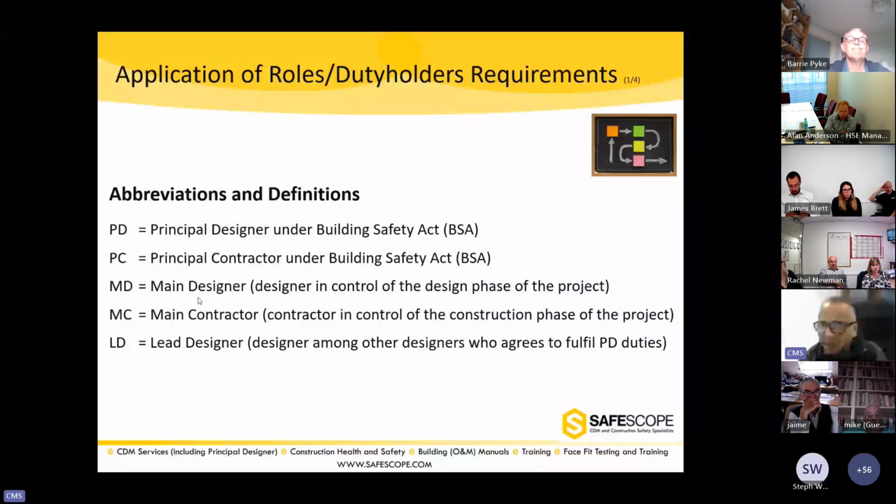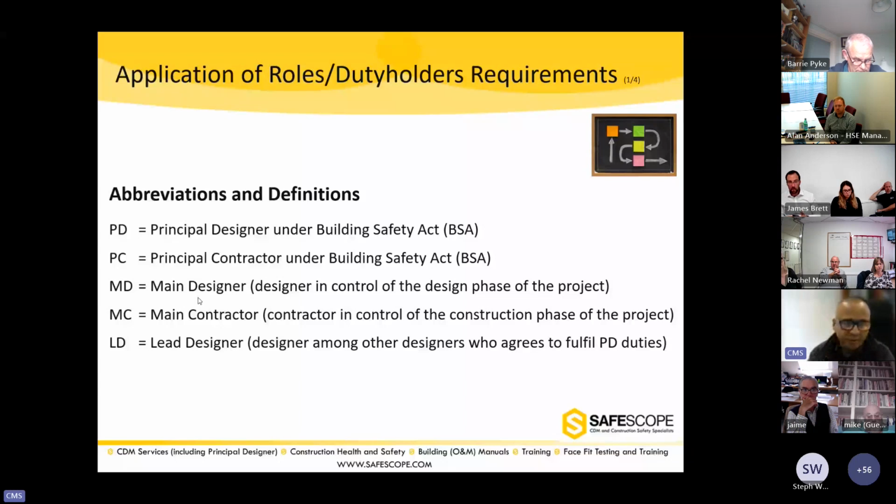Main contractor is the contractor who is in control of the construction phase of the project. And lead designer, don't get confused, not the lead designer in terms of the contract, JCT, etc. It's a definition that has been given in the Building Safety Act. Lead designer is that designer among other designers who agrees to fulfill the principal designer duties. And that will make more sense once we go through the flow diagram.